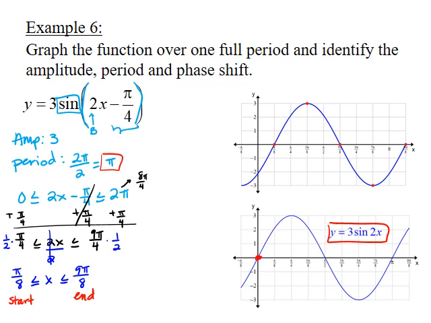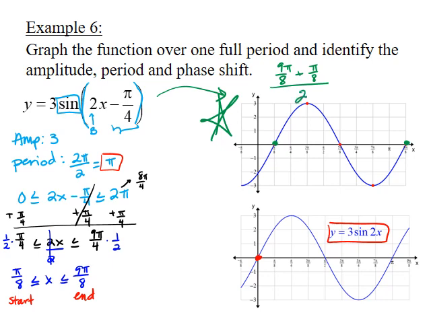So you can see it starts at 0. But now, this is the graph of the actual function here. You can see that it actually starts at pi over 8 and ends at 9 pi over 8. You may want to see where the halfway point is, and the way you can find the halfway point is to average those two. So if you take 9 pi over 8 plus pi over 8 and divide by 2, you will end up getting the halfway point.